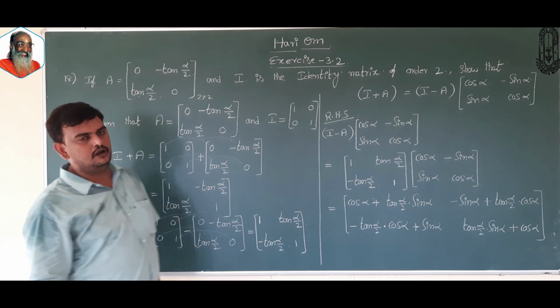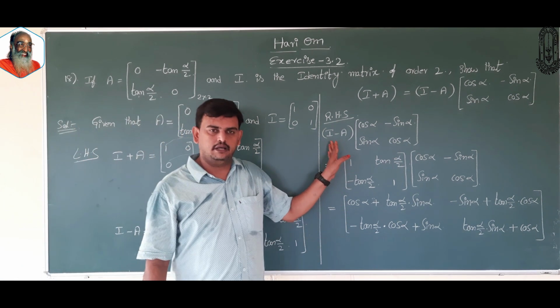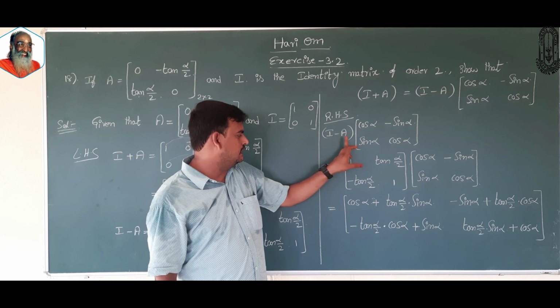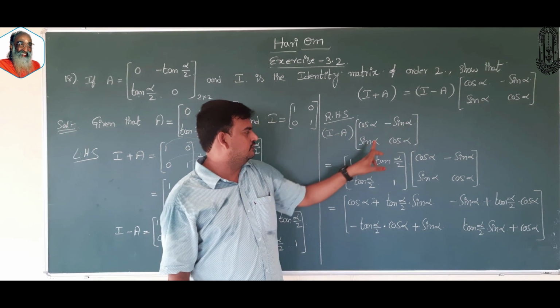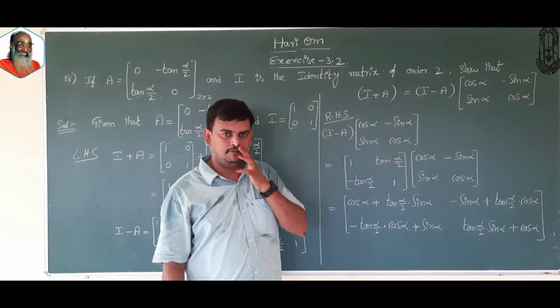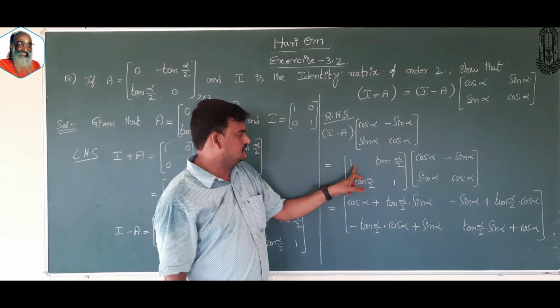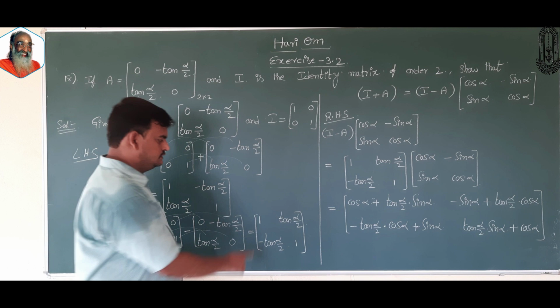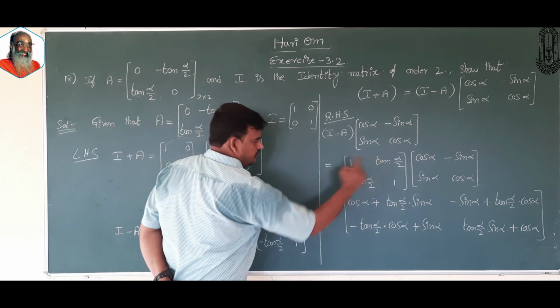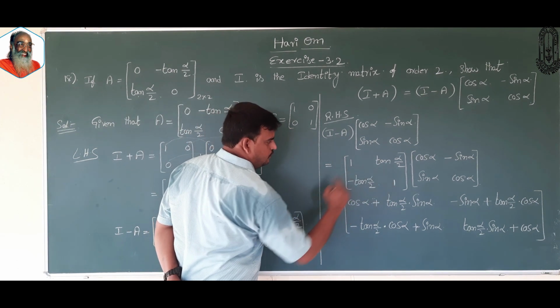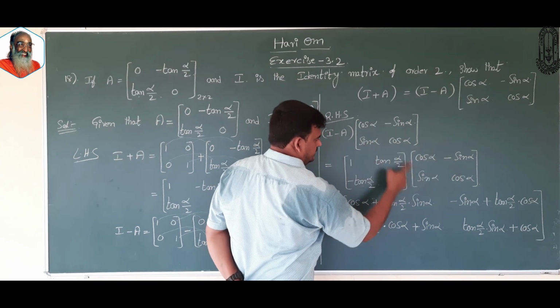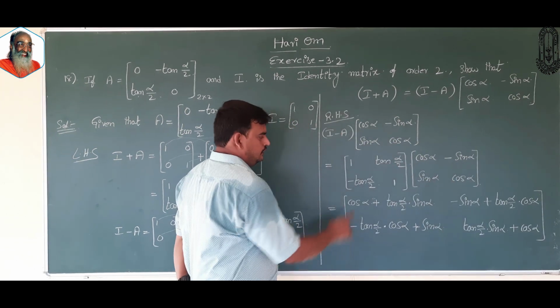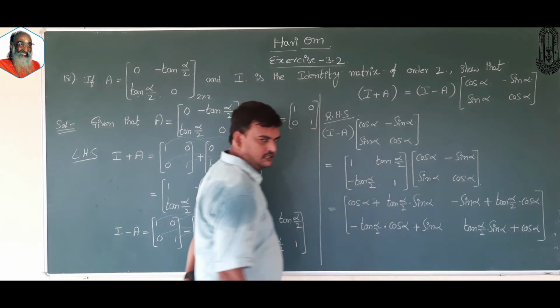Now let us come to the RHS. Our RHS part is I minus A into the matrix cos alpha, minus sin alpha, sin alpha, cos alpha. So I minus A is the matrix we just got: 1, tan alpha by 2, minus tan alpha by 2, 1, and the matrix cos alpha, minus sin alpha, sin alpha, cos alpha. Now we need to multiply these two matrices.